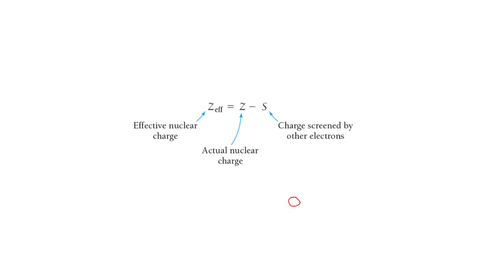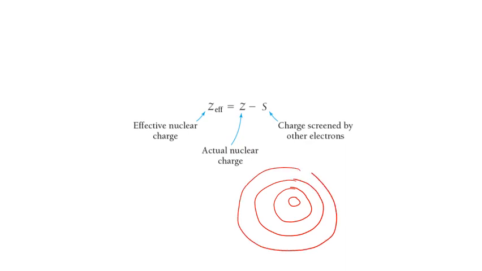So one of the reasons why the force of attraction decreases when the size increases is that the number of shells are increasing, right? So when the number of shells are increasing, the valence electron will get shielded by the electrons inside the atom. So this is the nucleus.